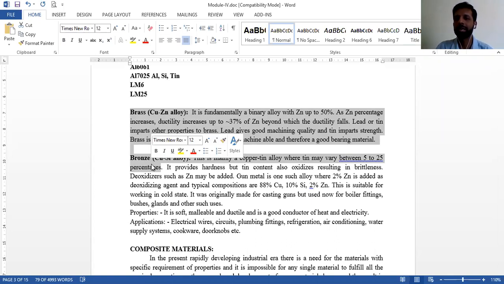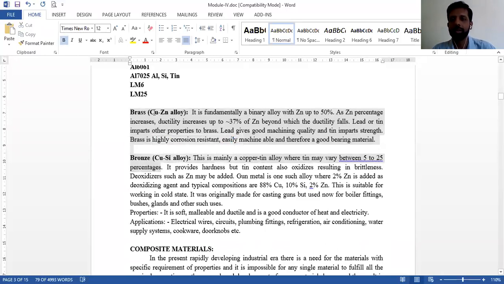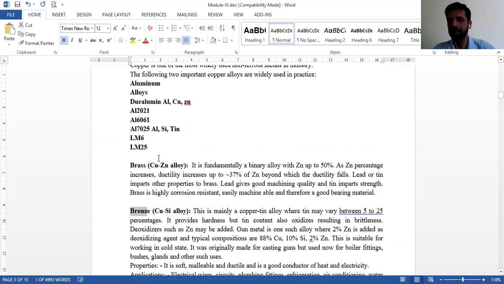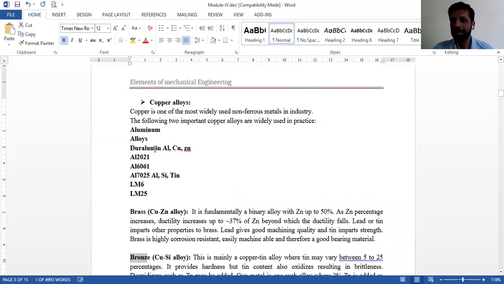So alloys are an endless list, because we are combining so many metals together to form an alloy. It's a very long list. We should at least know some of the basic things like brass, bronze, and what duralumin is, and so on.